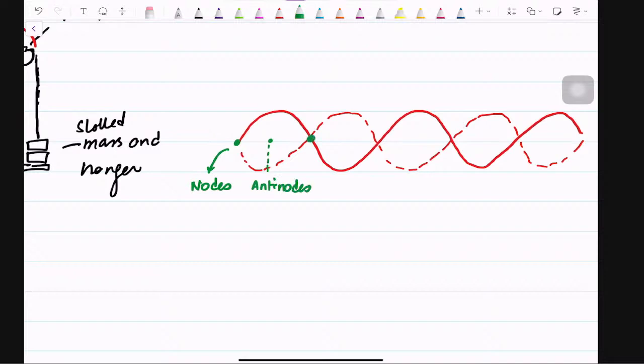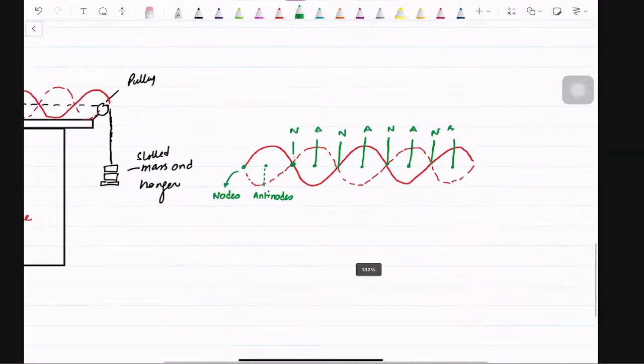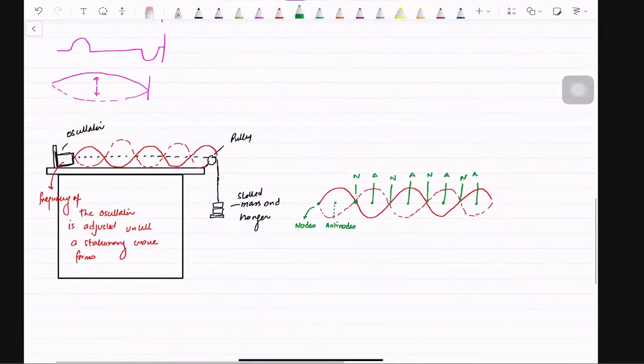Then you have nodes, then you have antinodes. Usually we write it as N and A. So after each node there is an antinode like this. Do you understand, Ikra? Yes.